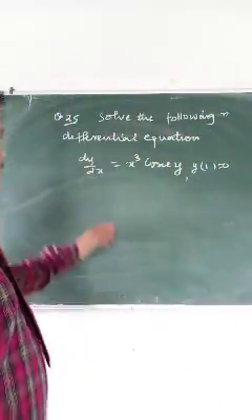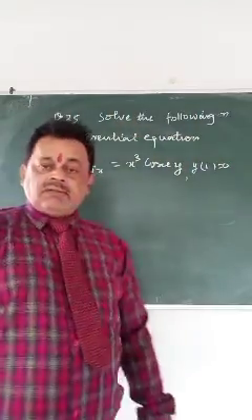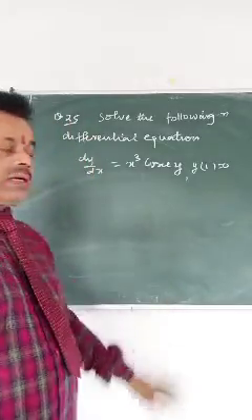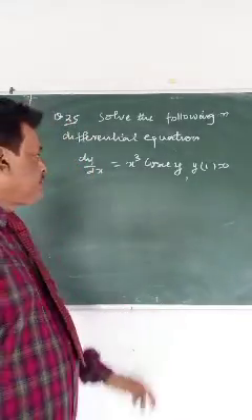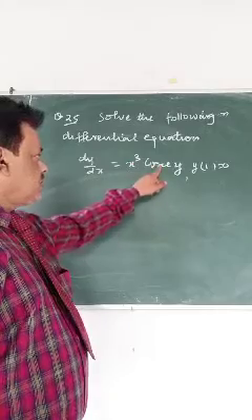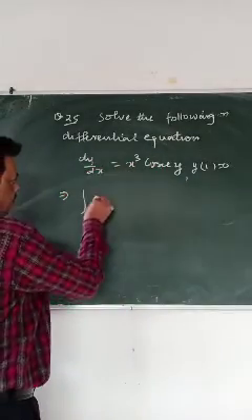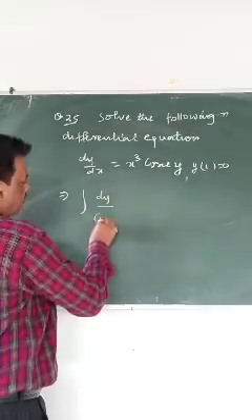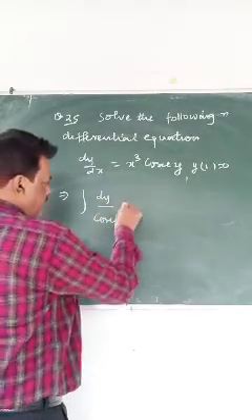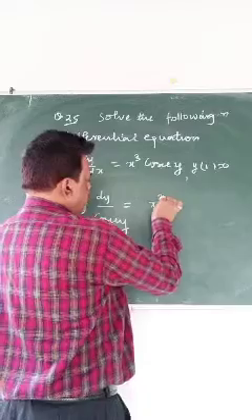Means you will get a particular solution. So what is the method? How will you start? First you try with separation of variable. Means x dx together, y dy together. So you are getting dy by cosec y equals to x cube dx.